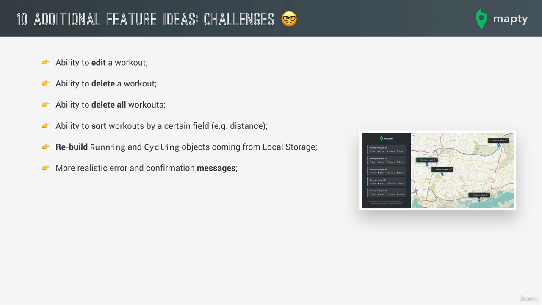Let's take a look at a couple of hard ones. First, you could add the ability to position the map so that it shows all the workouts. Let's say that you went to a different country and did some workouts there, and so your workouts are all over the map, so it would be nice to have a button which shows all the workouts on the map at once.